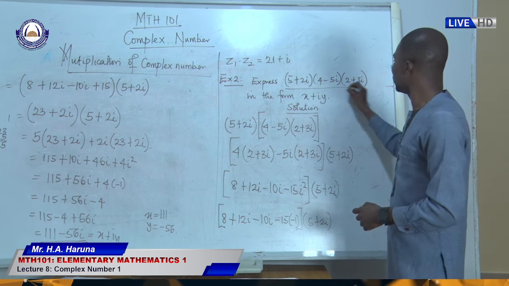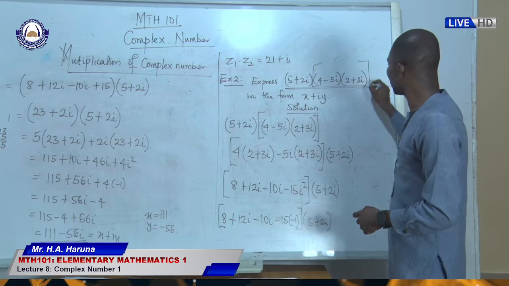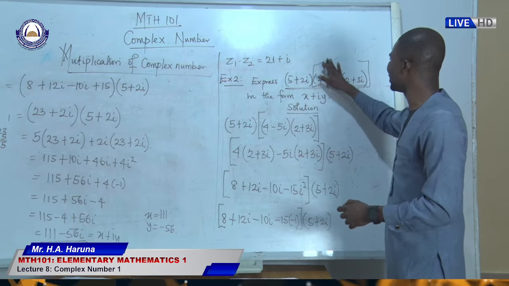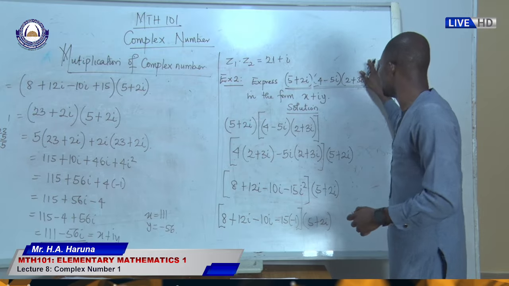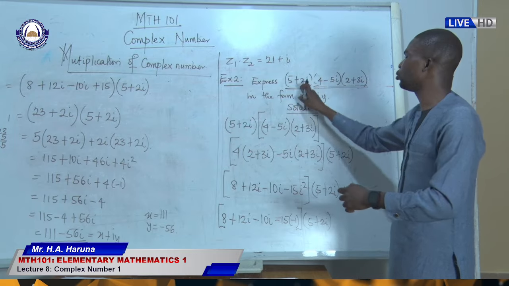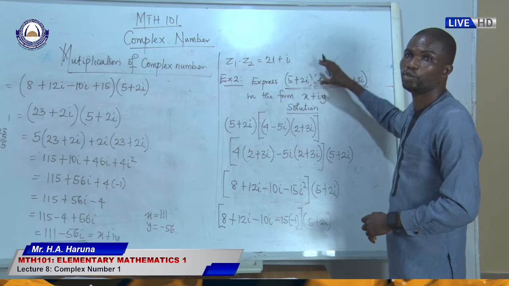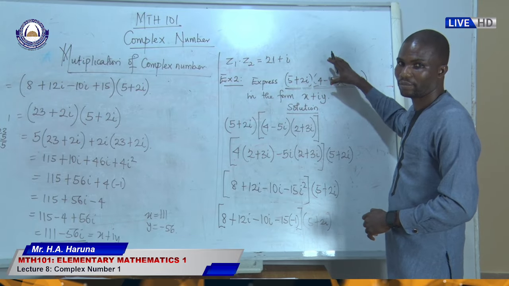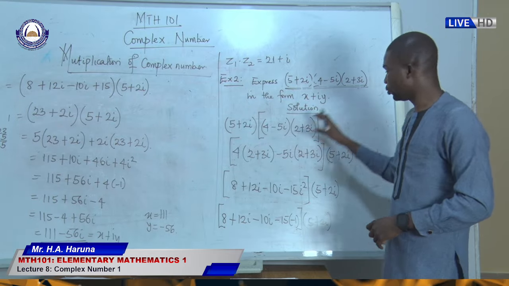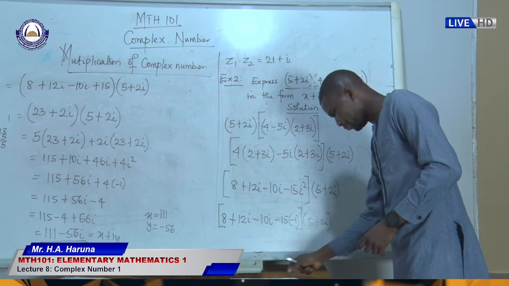So here we have 3 brackets. It's either you do this first or you do any one first. You can take any 2 because of the commutativity property. You can take these 2, or these 2 first. But make sure that whichever one you are doing, you don't forget the last part of it, as we have carried it over throughout the whole solution process. Okay, let's move on now.